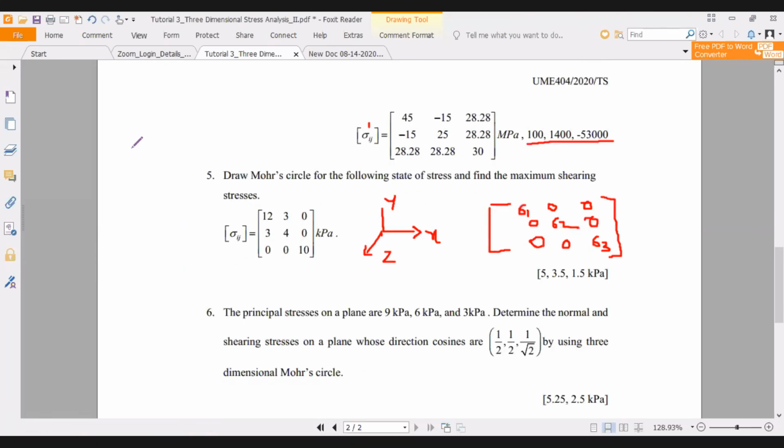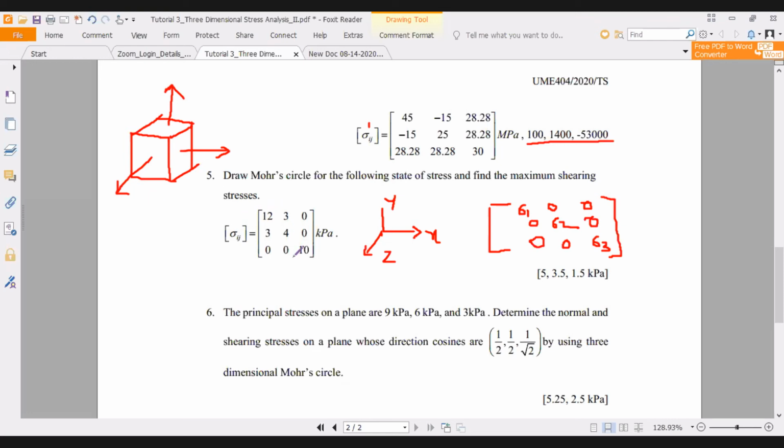Suppose this is the z direction. In the direction of principal stress, no shear stresses will be there.